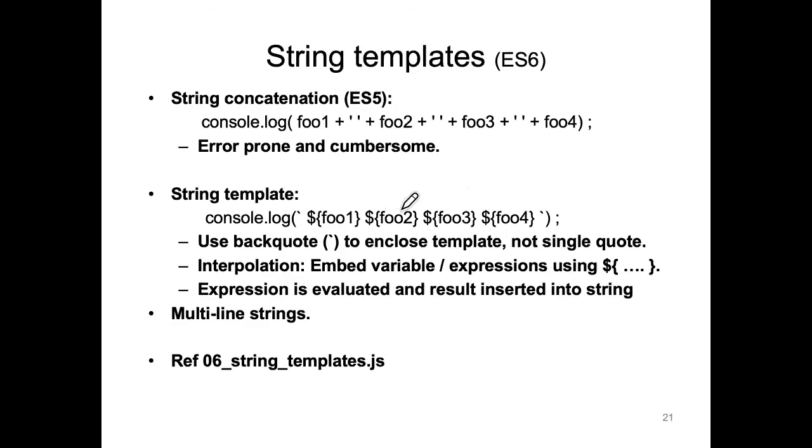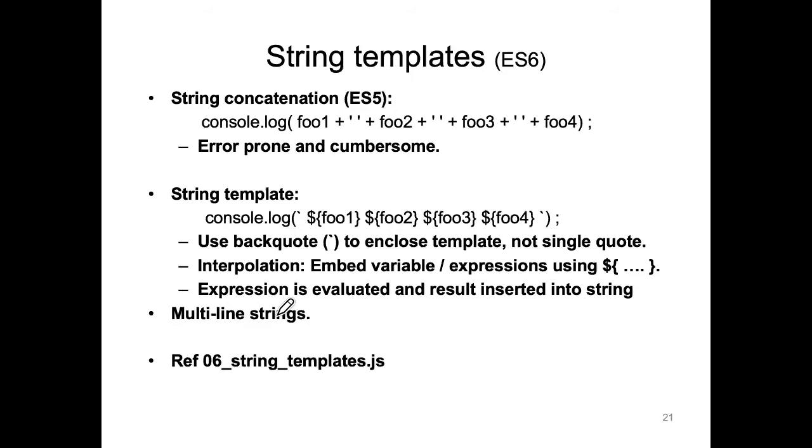You could have an arithmetic expression, and it will be evaluated, and then the result will be inserted into the overall string. So at runtime, it evaluates whatever expression is between the opening and closing curly brace. That's string templating, and there are some examples of that in the code that I've given you. This idea of evaluating what's within the curly braces is what's called interpolation.